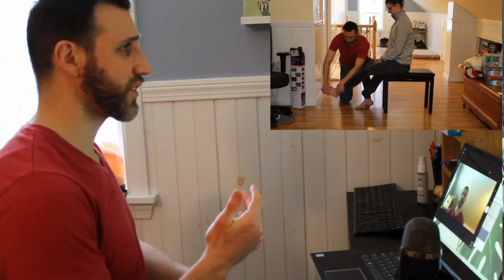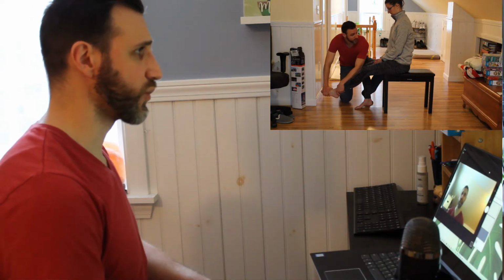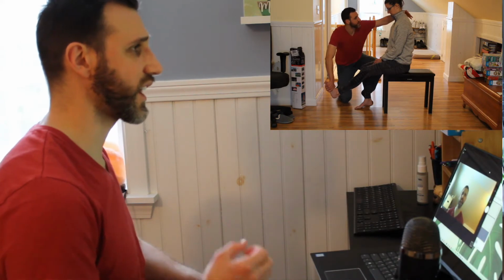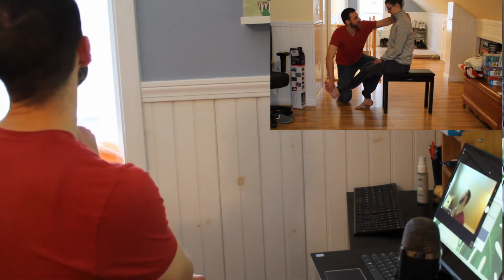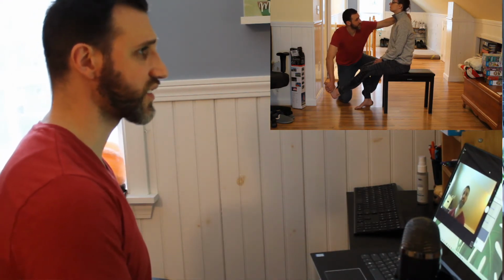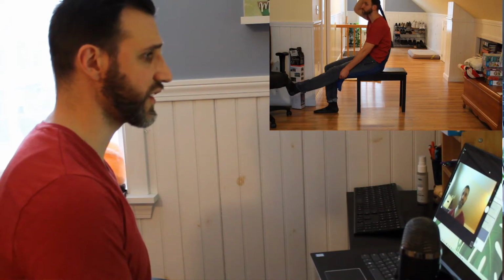If we keep them in a position of aggravation within ankle dorsiflexion, knee extension, hip flexion to the point of discomfort, and if we had them knock back their head into some cervical extension, theoretically we put some slack on the system, and that should alleviate some of the discomfort and tension that they're feeling.